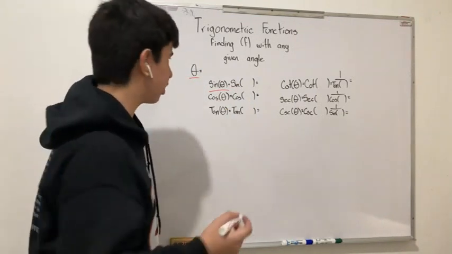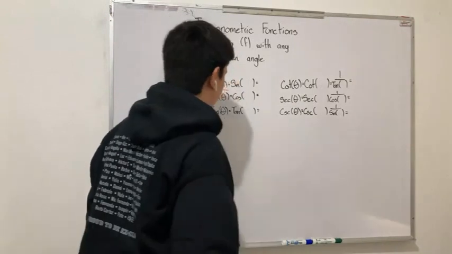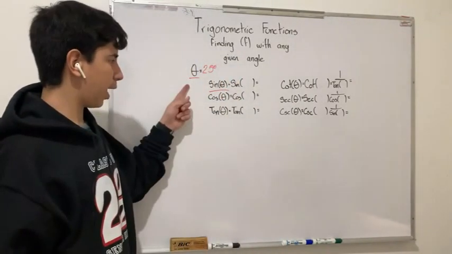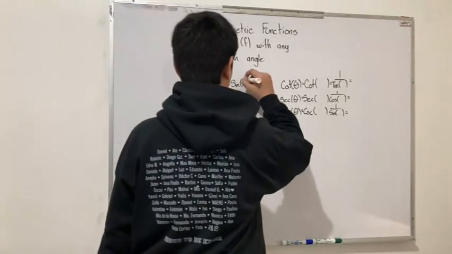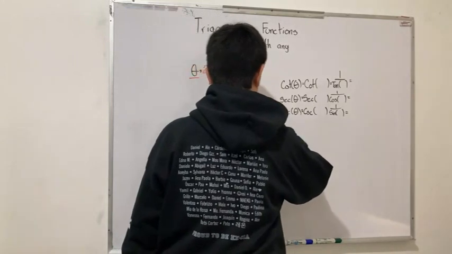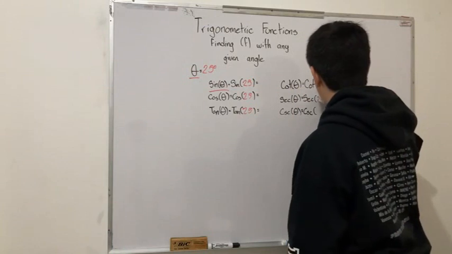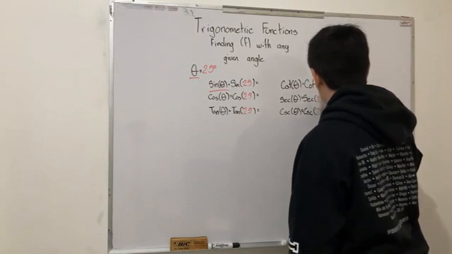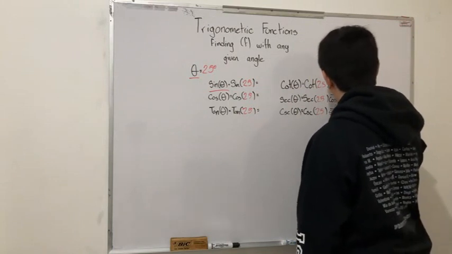Now, if I give you, for example, a given angle like 25, we can use this angle and use our calculator to find any of them.